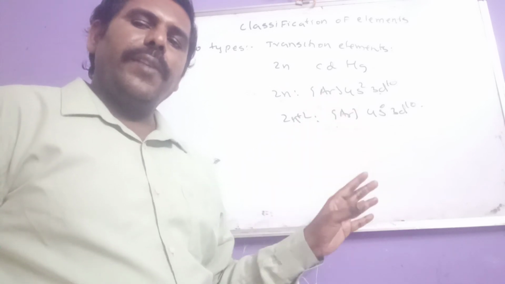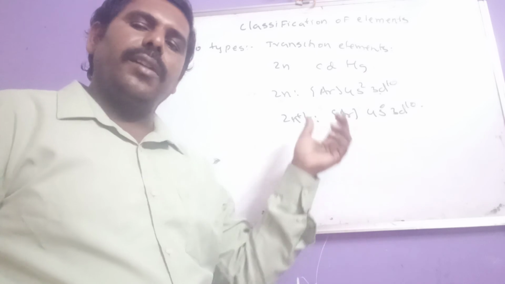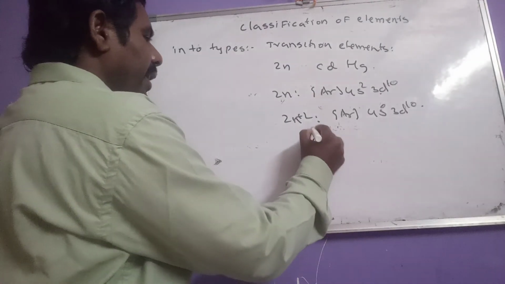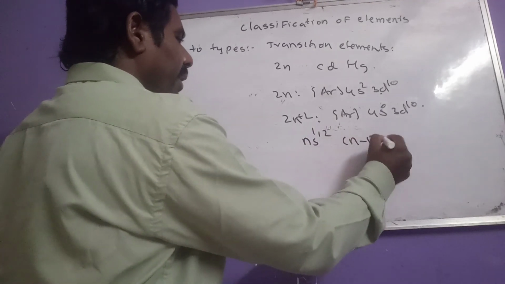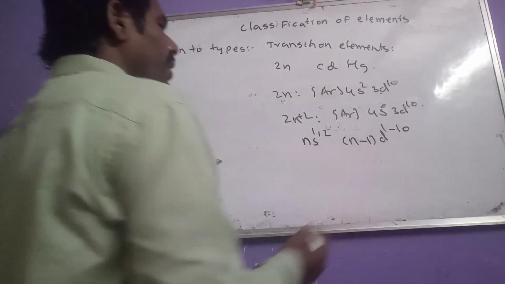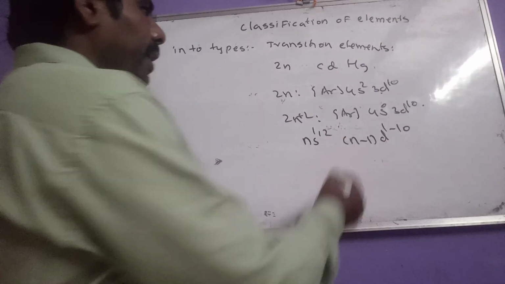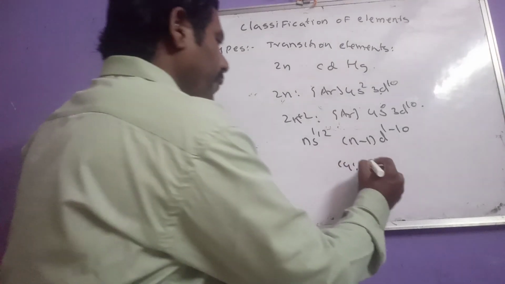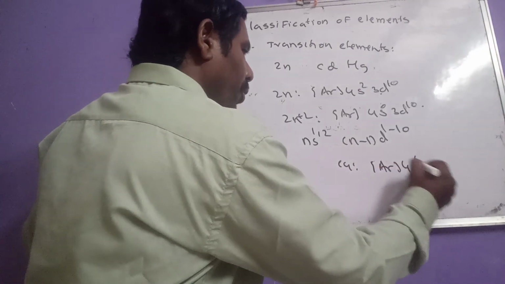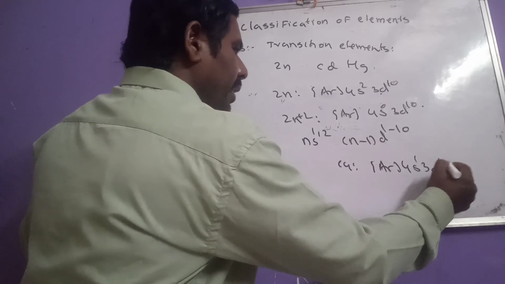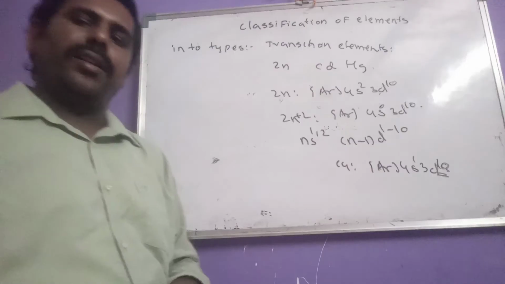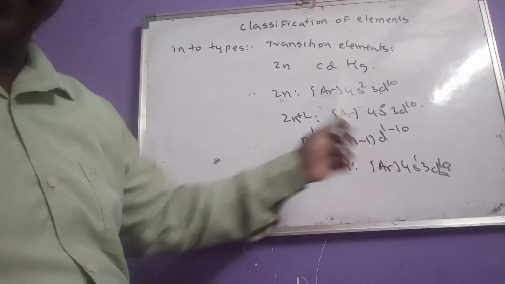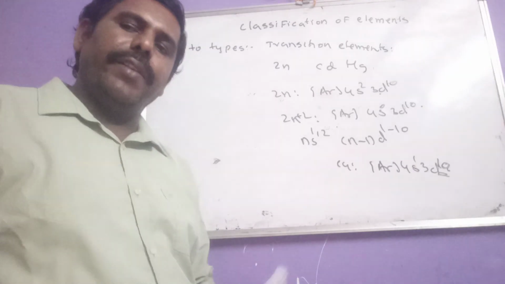These are the characteristic properties of transition elements, and their configuration is ns1,2 (n-1)d1 to 10. No need to write 1 to 9, because copper is a transition element and its configuration is argon 4s1 3d10, so we get 3d10 configuration. So write 1 to 10 only.